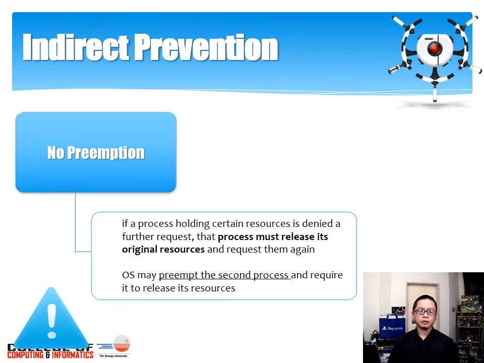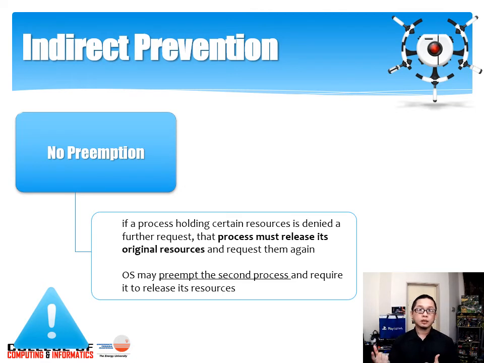Now, for the third condition, no preemption. In this case, if a process is holding certain resources and is denied a further request for another resource, then it must release the resources it is currently holding. So let's say for example, P1 is holding resource A, and it is requesting resource B from P2.